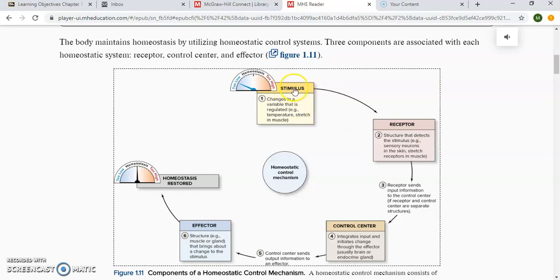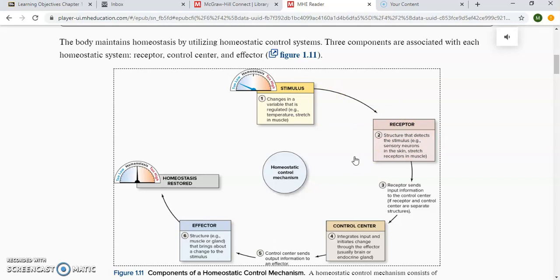And this is the term you'll often see the textbook use for a change: we'll call the change a stimulus. So stimulus is synonymous with a change in some variable or parameter in the body, whether it's temperature, pressure, levels of sugar in the blood, any sort of change like that. That's what the receptors are detecting.